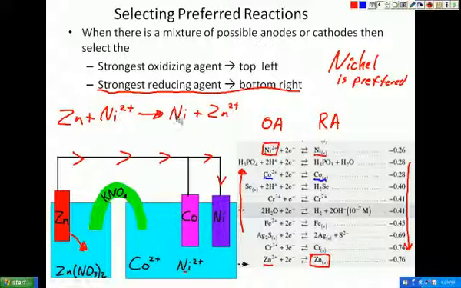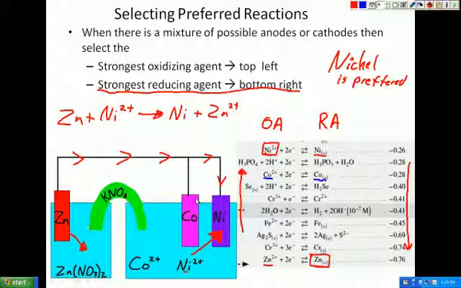Nickel right here is gaining 2 electrons, and since it gains 2 electrons, it becomes a little bit negative right here. Nickel 2+ turns into nickel solid, and that's what we see right here.